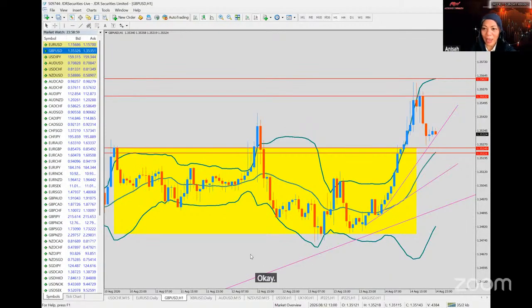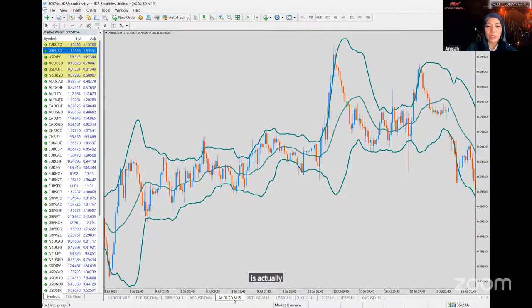Let's look at our next pair. Our next pair is actually Aussie dollar.